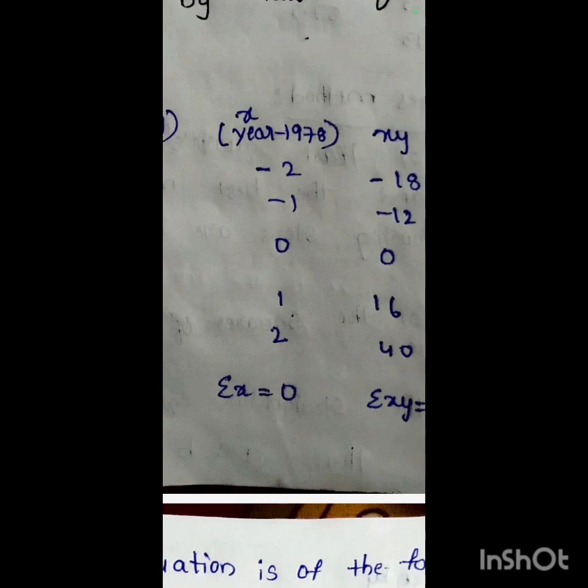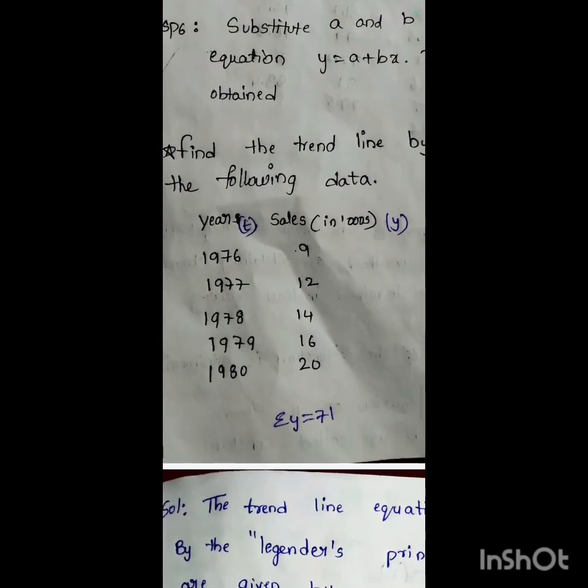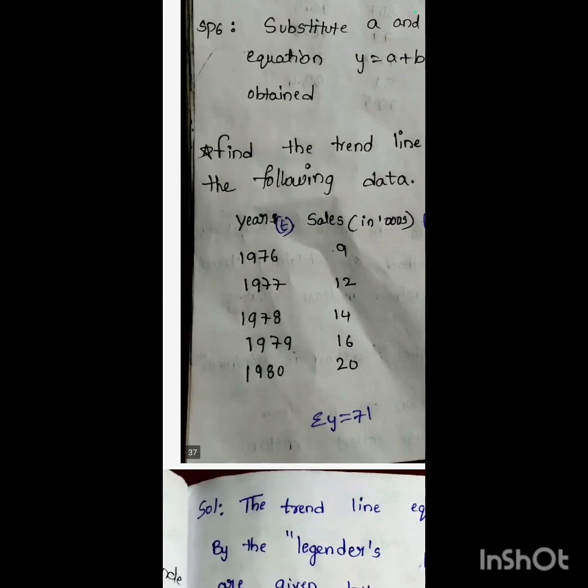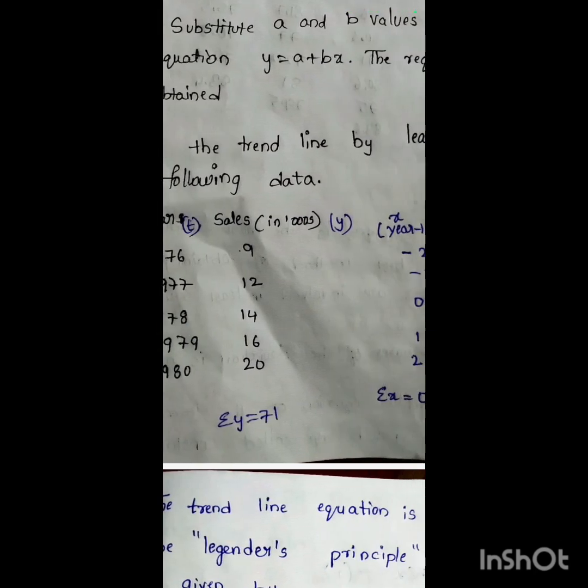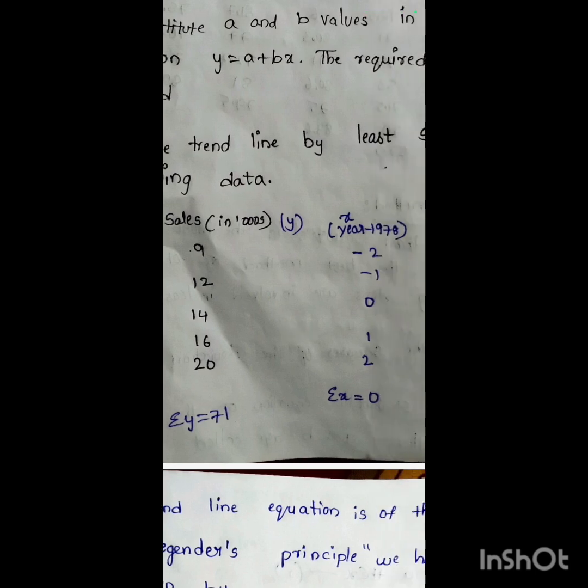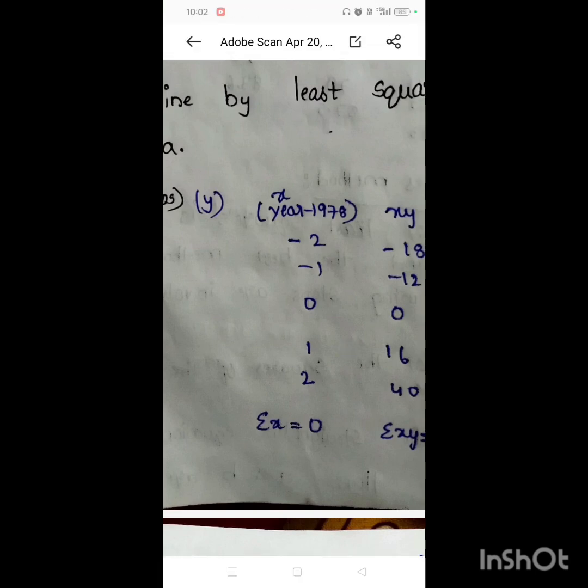So x we derive as year minus any one value taken randomly, that is 1978. Put the value 1978 as 0, and keep on moving upwards. Put the values as -1, -2, -3 like that, if any observations are given in the data. Next, +1, +2 we substitute.